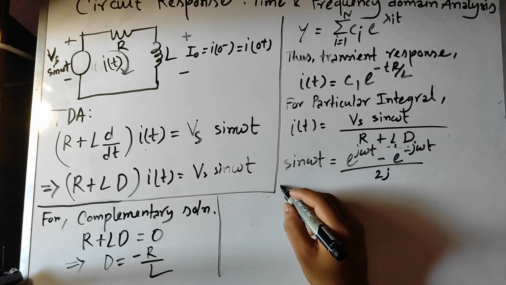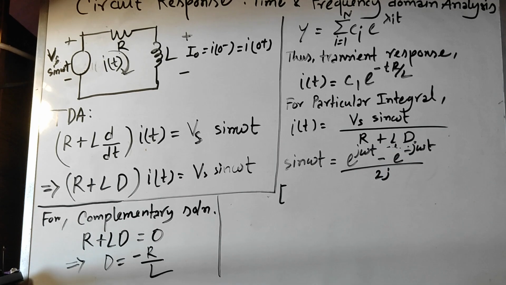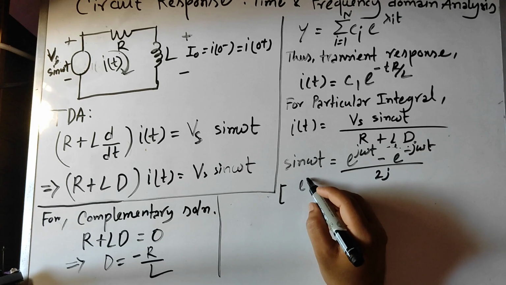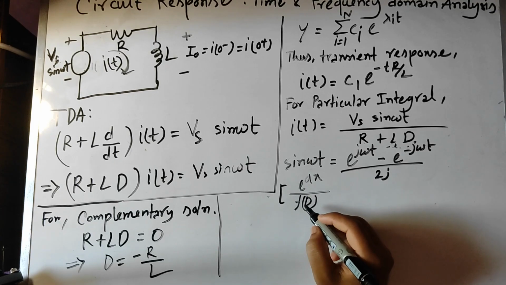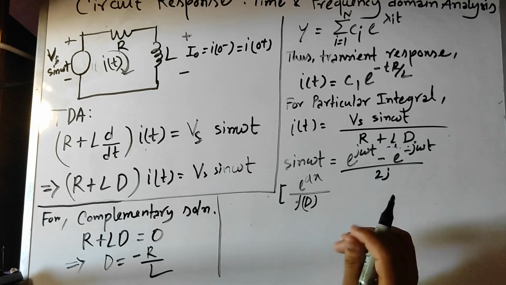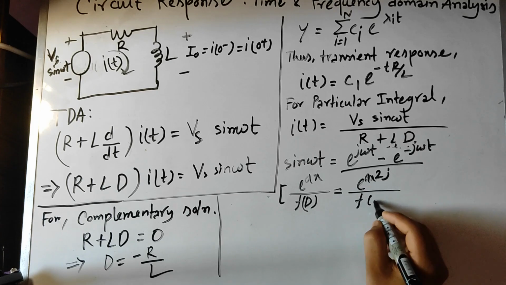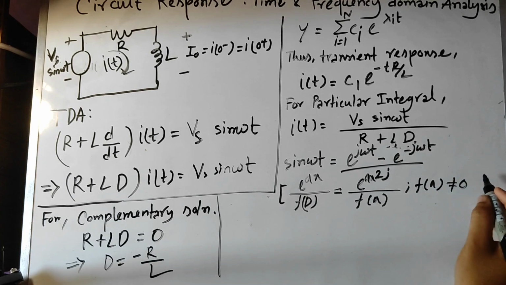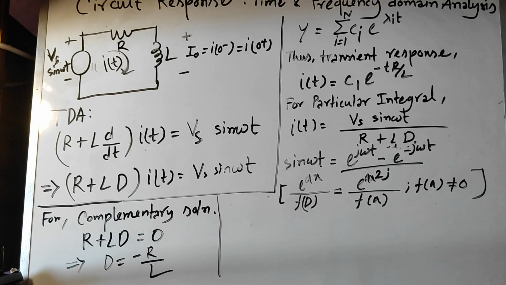We also have another formula for exponential terms when solving particular integrals: e to the power ax by f(D), where f(D) is the function of the differential terms, can be written as e to the power ax by f(a), given f(a) is not equal to 0.